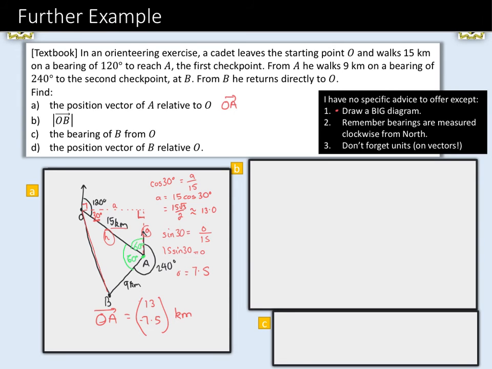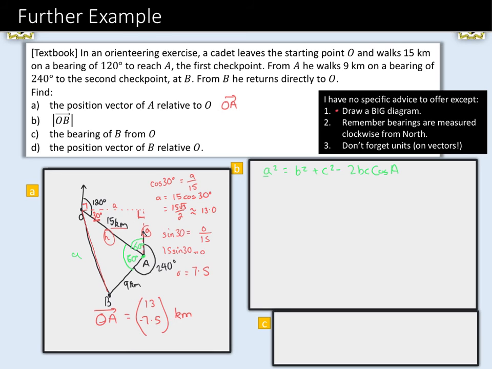So I've now got two lengths and an angle inside the triangle. I want the other length, so if three lengths are involved, I'm going to use the cosine rule: a squared is equal to b squared plus c squared minus 2bc cos A. I want a squared, so I'll call this side a.